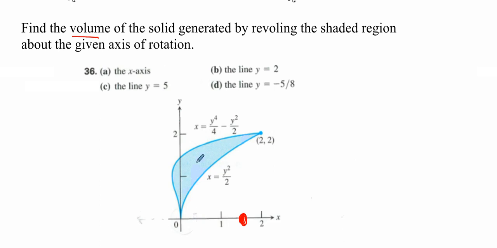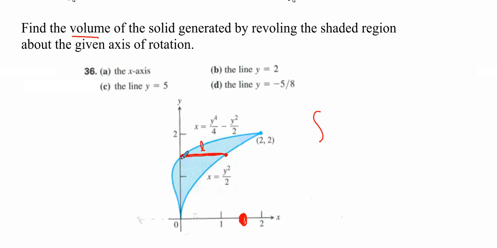Now, we're going to use the shell method. The shell method is where we take a shell that is parallel to the axis of rotation. So we're going to create this shell right here, and this is going to be the length of our shell. I always like drawing it out.